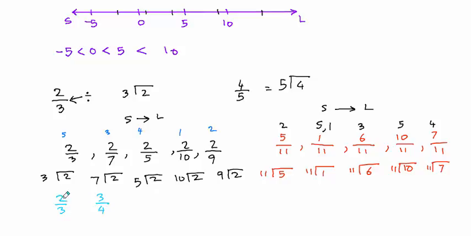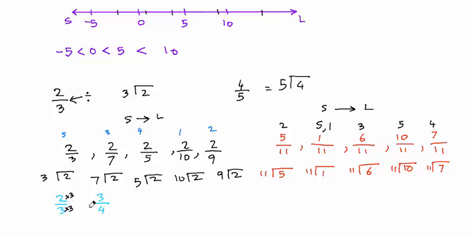In this case, the idea is to use the concept of LCM, least common multiple, and write down equivalent forms of these fractions so that either they're on the same numerator or on the same denominator. So if you look at the two numerators 2 and 3, the LCM of 2 and 3 is 6. So if you want to change this 2 to a 6, you want to multiply this by 3. And if you multiply the numerator of a fraction by 3, you have to do the same with the denominator.